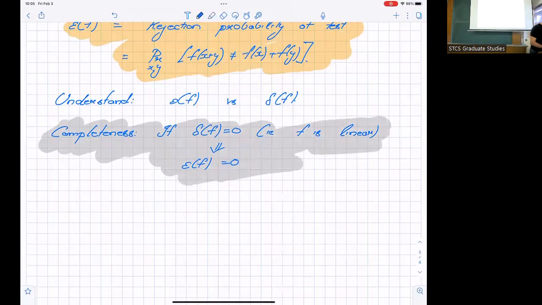What we're more interested in is the following sort of statement. Suppose epsilon f is small, that is, the test rejects with small probability. Does that mean that the function is actually close to linear?